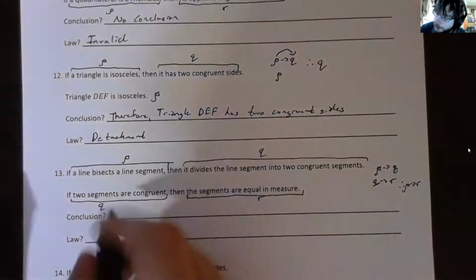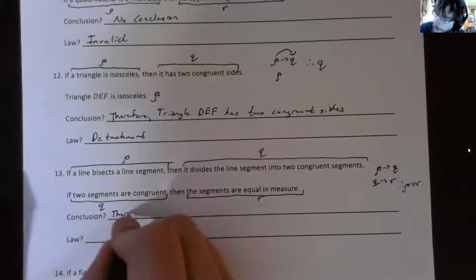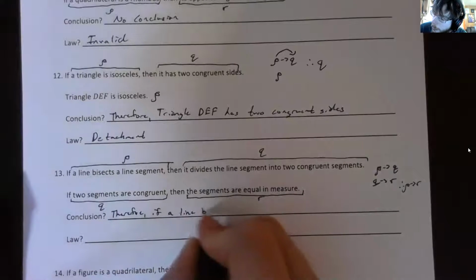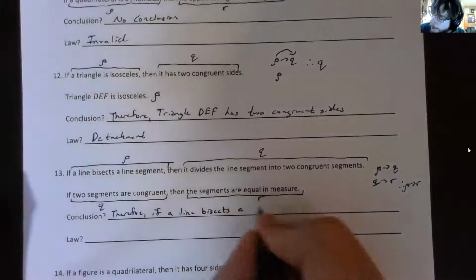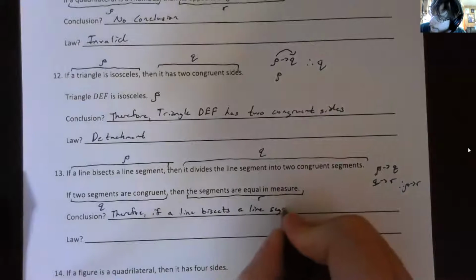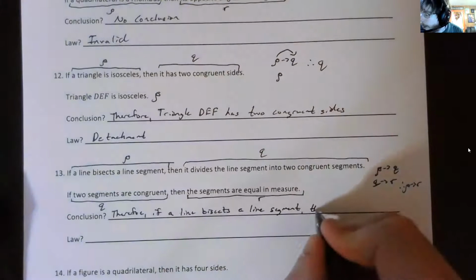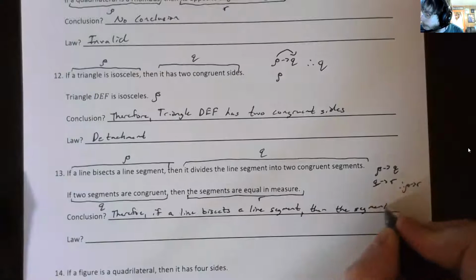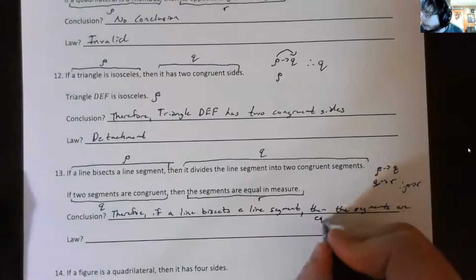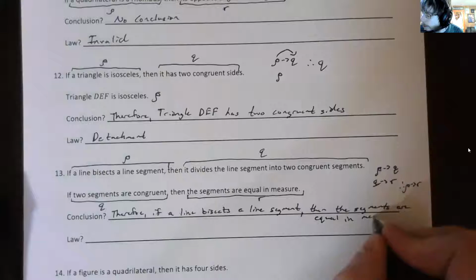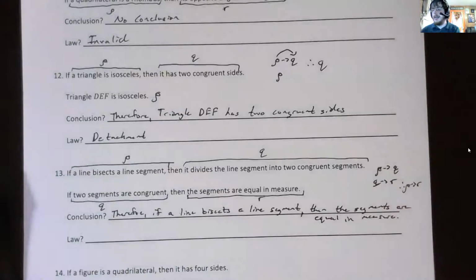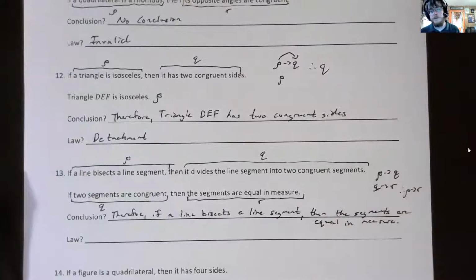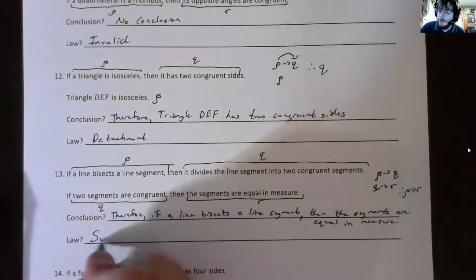So our conclusion is, therefore, if a line bisects a line segment, then the segments are equal in measure. And our law here would be syllogism.